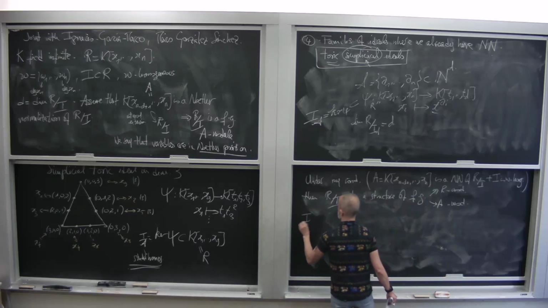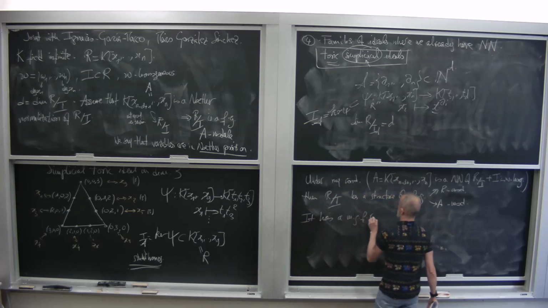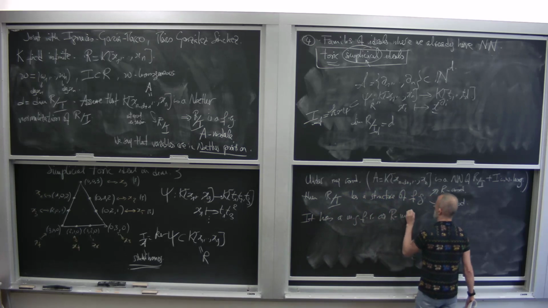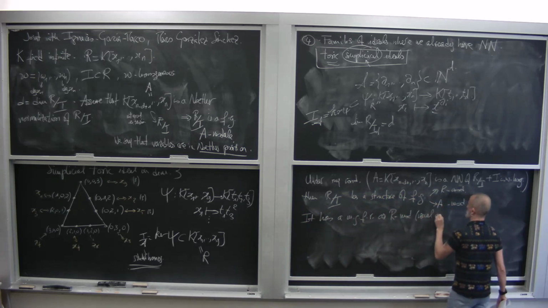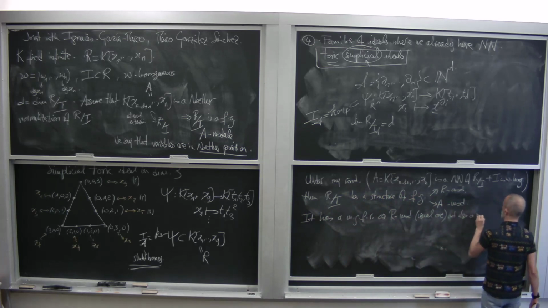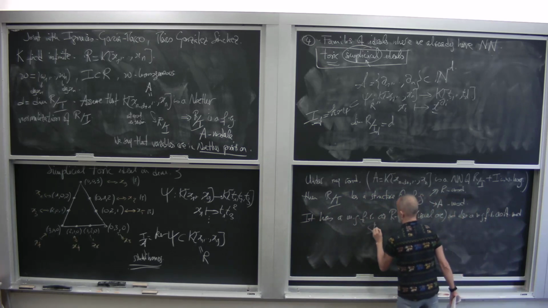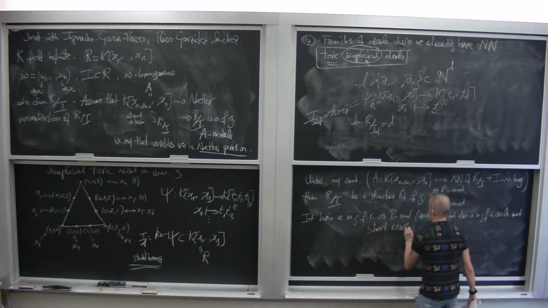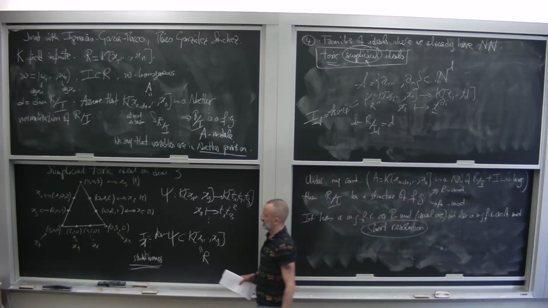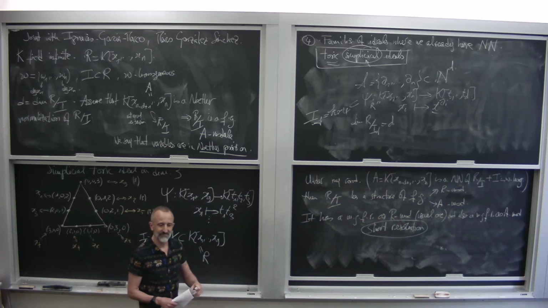So it has a minimal graded free resolution as R module, which is the usual one, and also a minimal graded free resolution as A module, which is the one that I will call the short resolution. We can think that it's short because I have fewer variables, and that's true.